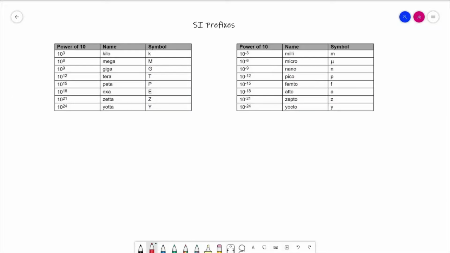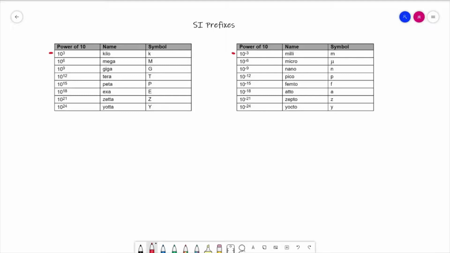Now, at A-level physics, you will quite often see and hopefully use the SI prefixes. We use the SI prefixes when we get into standard form territory. So as you can see, when we get above 10 to the 3 and below 10 to the minus 3 in terms of numbers. Now on the screen I've shown you all the ones that do exist. These are all the commonly used SI prefixes.